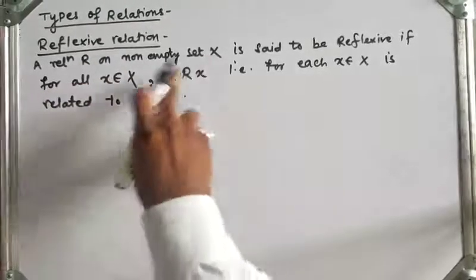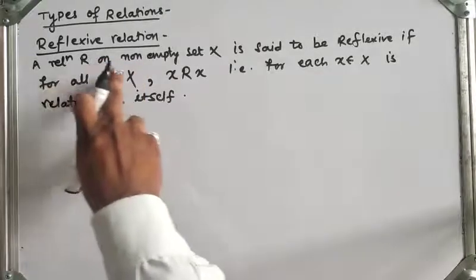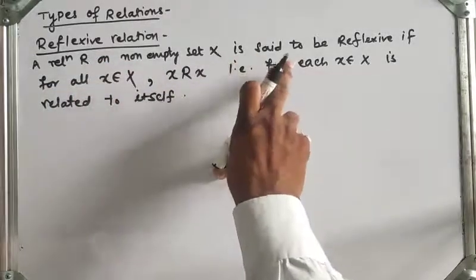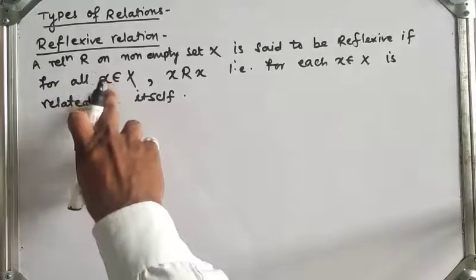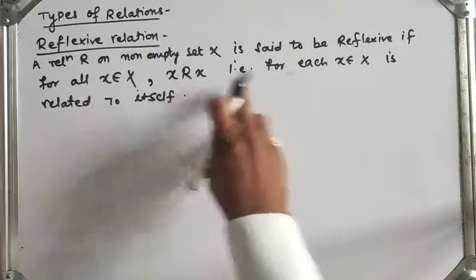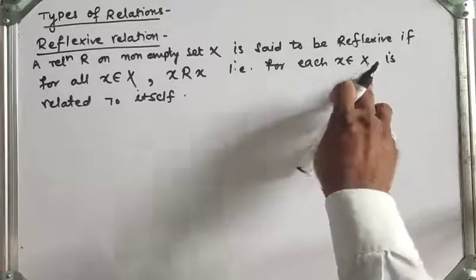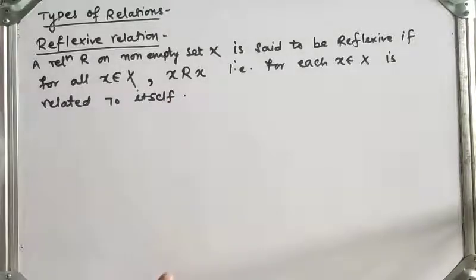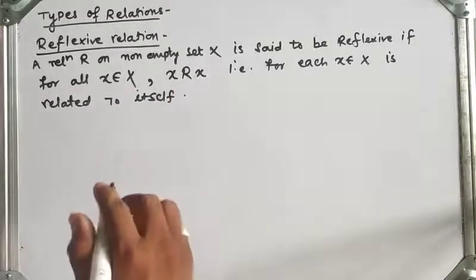A relation R on a non-empty set X is said to be reflexive if for all x belongs to X, then x is always related to x. That is, each x belongs to X is related to itself. This is called a reflexive relation.